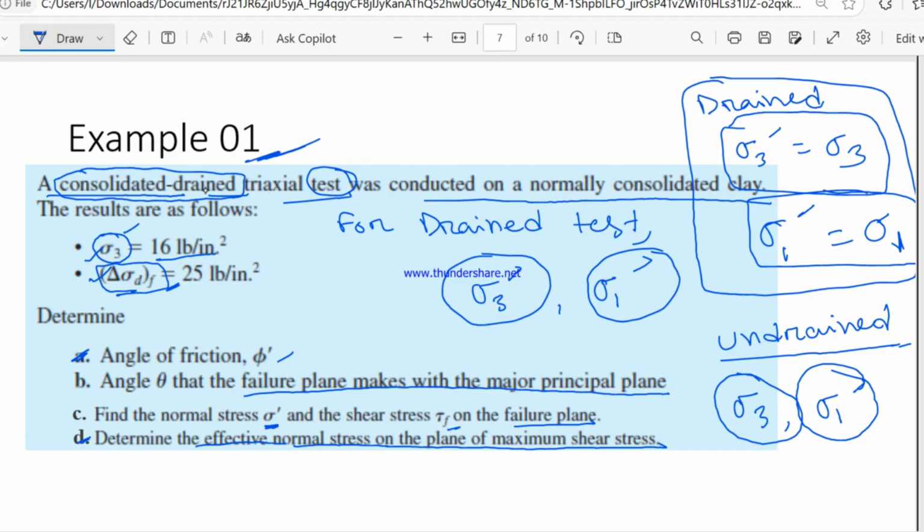Our question is about the drained condition.